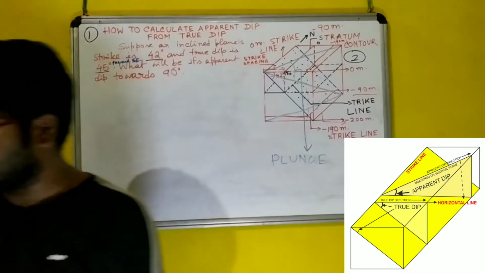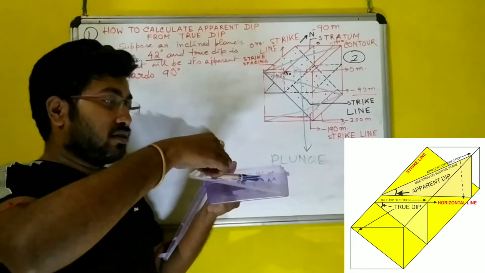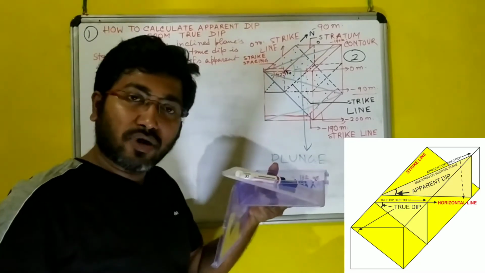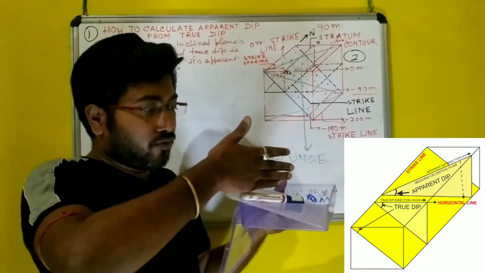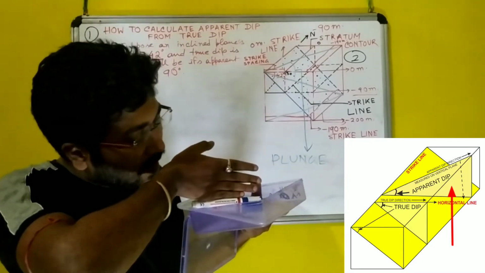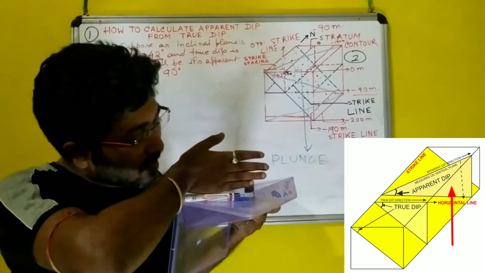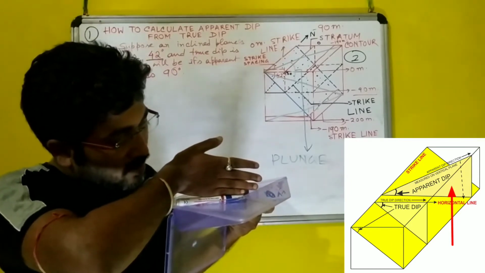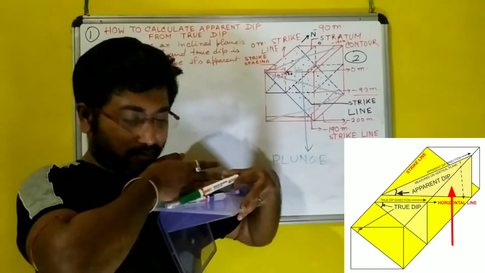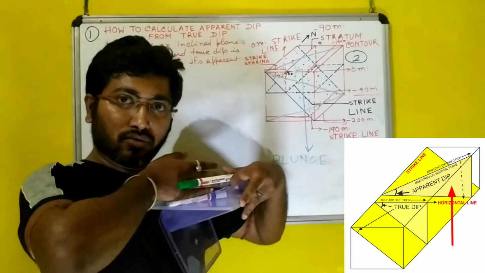To simplify this, suppose this is the inclined plane and this is one line. What we have to do is measure the inclination of this line along this vertical plane. This vertical plane contains this line completely. This is the vertical plane, and the trace of the horizontal line will be this one.